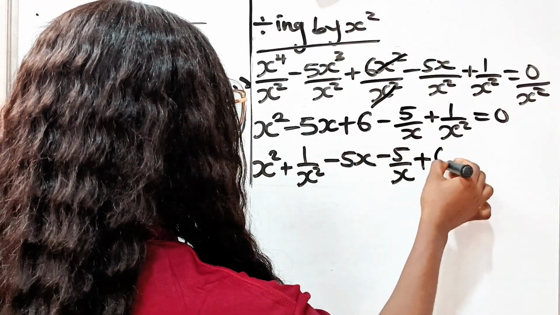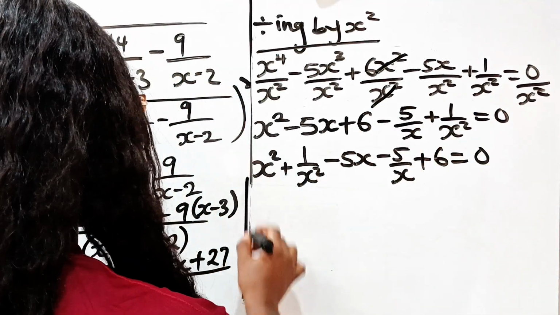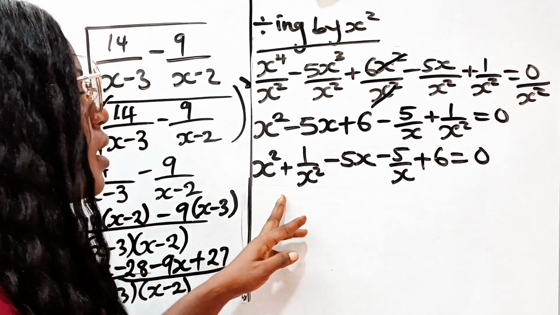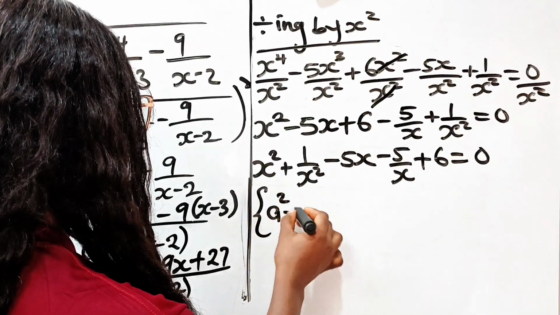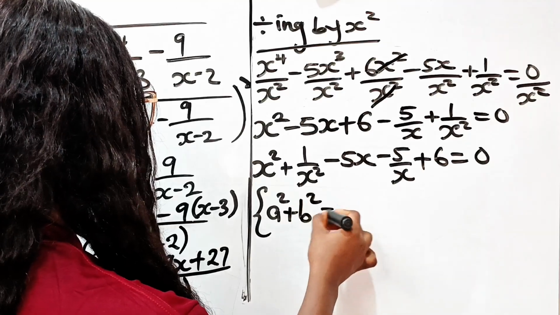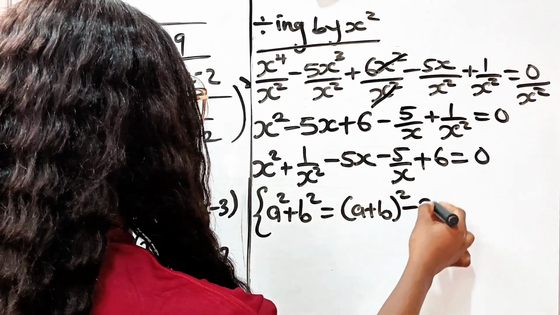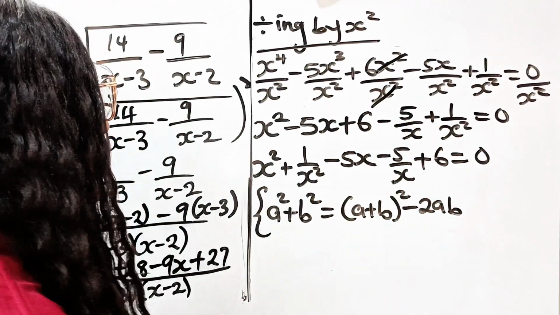Then we have plus 6 is equal to 0. Now, let us recall that a squared plus b squared is equal to a plus b squared minus 2ab.